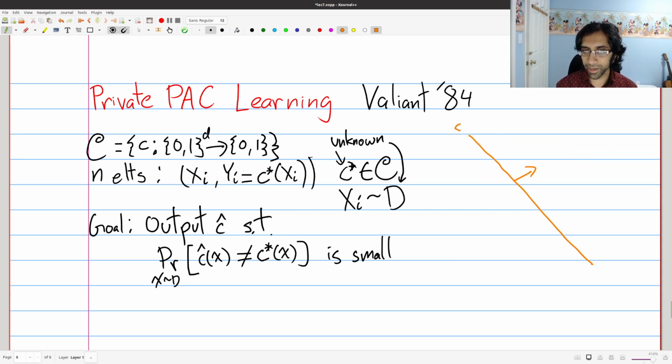This is the c star, which is unknown to the learning algorithm. There are going to be some data points which are drawn according to some also unknown distribution, and which are going to be labeled. For example, the blue points are going to be those which are 1s, and I'll draw other colored points which are going to be 0s.